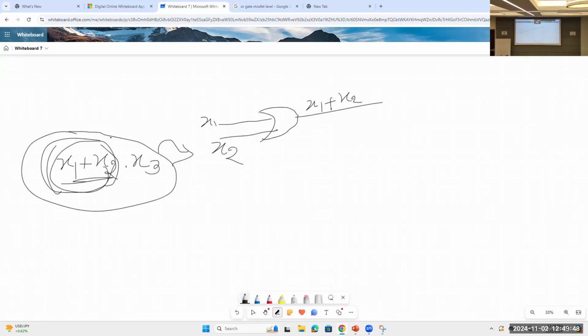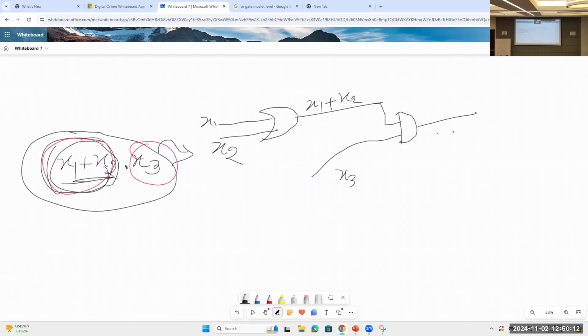And this x1 plus x2 should be multiplied with x3. This circle and this circle should be multiplied. For the multiplication operation, we will need an AND gate, right? So we'll take an AND gate with x1 plus x2 as one input, and the other input is x3.